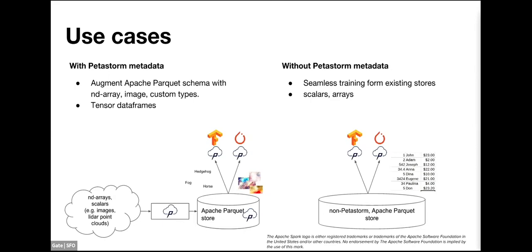But without Petastorm metadata, right now Petastorm is able to open any Parquet store and you can start reading from there directly into TensorFlow. An alternative would be, of course, you would need to write your own ETL to create your own data sets and start reading from, like having multiple stages, right? And that's about making your pipelines more lightweight, so that you can go directly and hook up to the data source that you're interested in.